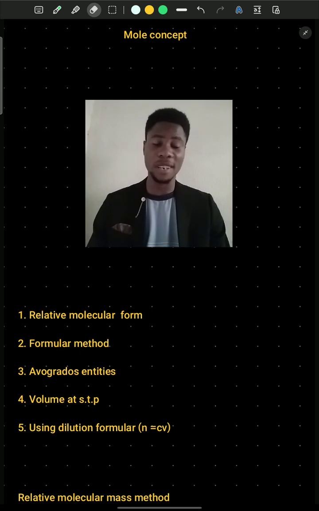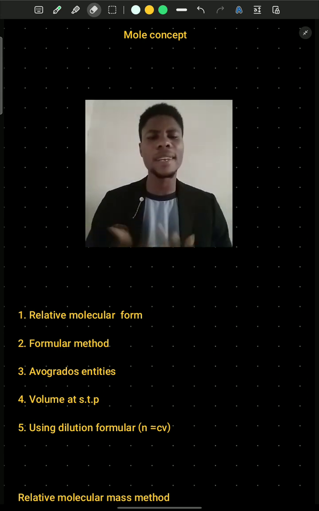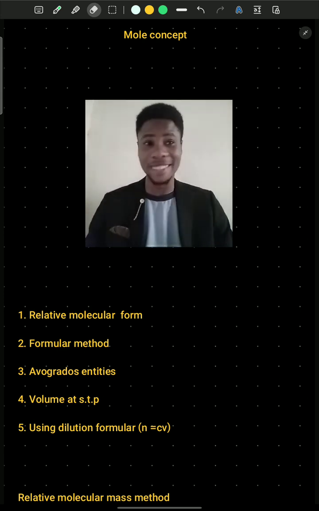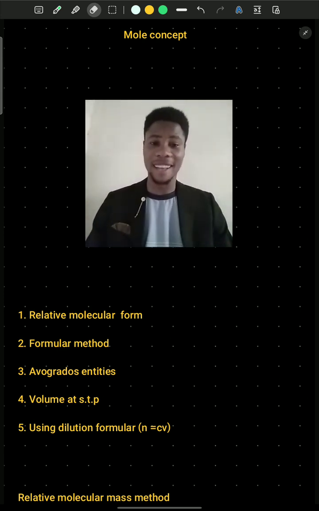Because we are looking at mole concepts, and mole concept simply refers to the many ways by which mole can be found. And I can tell you that this mole is quite interesting because it was developed by one of the greatest scientists ever, known as Amedeo Avogadro. Avogadro did a great job in ameliorating the meaning of mole.